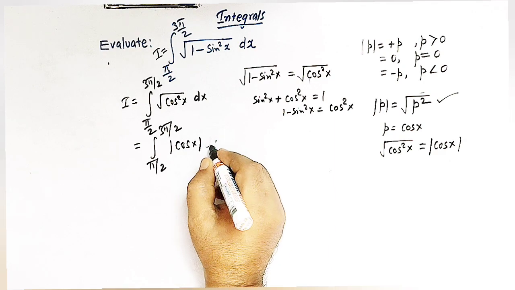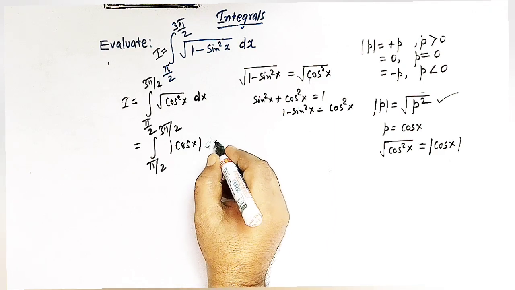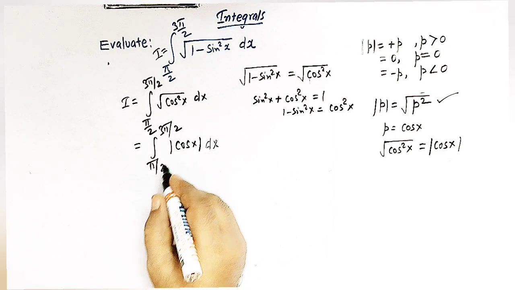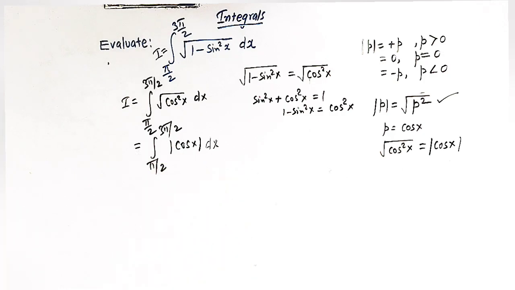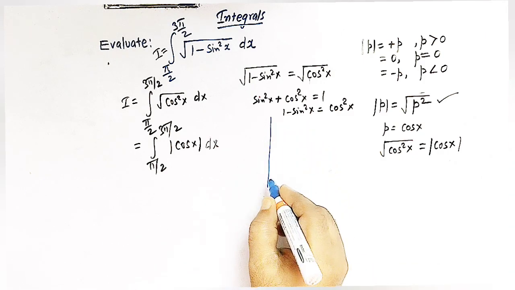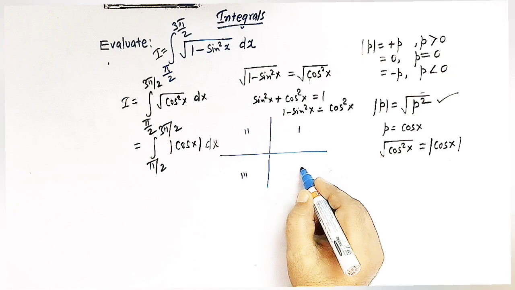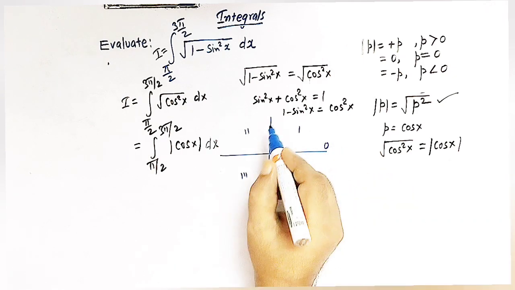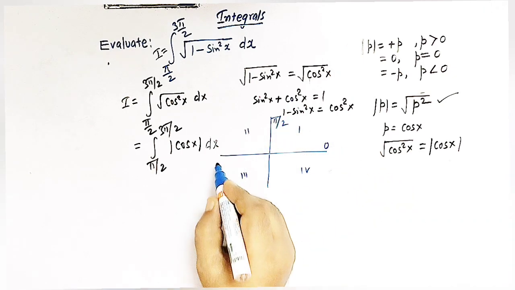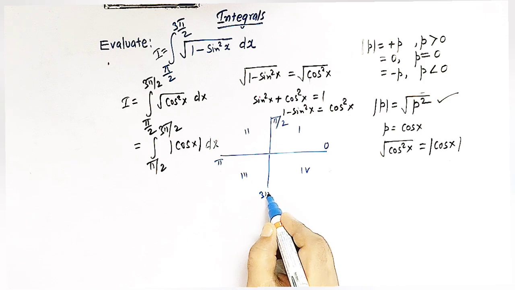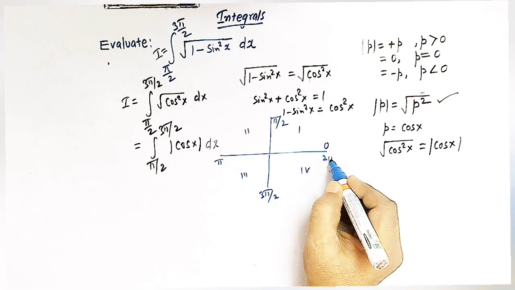Now let us consider the sign convention of trigonometric functions in the four quadrants. Here we have the quadrants: this is first, this is second, this is third, and this is fourth. Here we have 0, here we have pi by 2, this is pi, this is 3 pi by 2, and this is 2 pi.